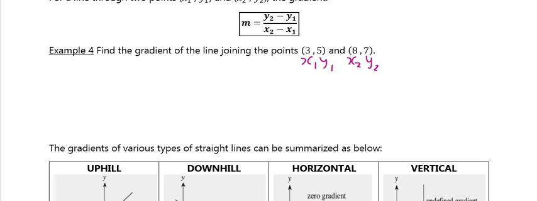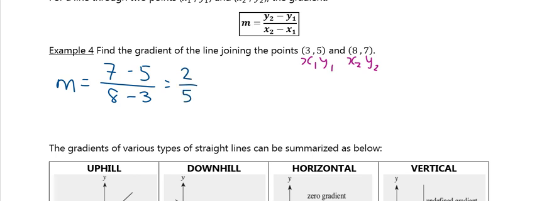So let's proceed here. m, and then everything is y2 minus y1. Be careful over here. y2 is 7, and then minus 5, and then x2 on the denominator, 8 minus 3. So 7 minus 5 is 2, and then 8 minus 3 is 5. So you have a fraction as your answer for the gradient, so it doesn't matter, just leave it be.